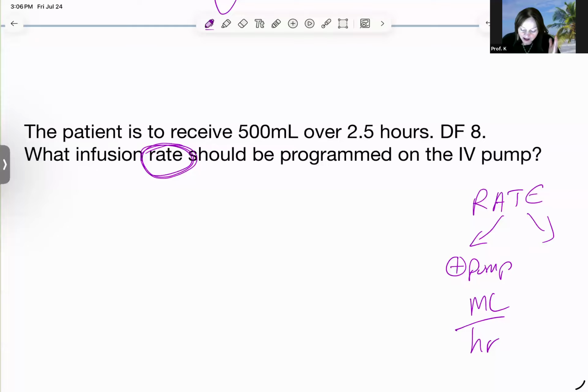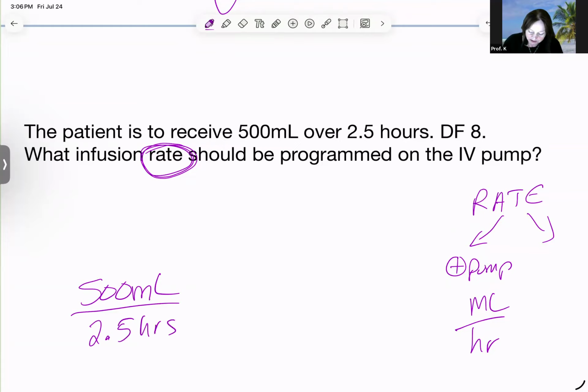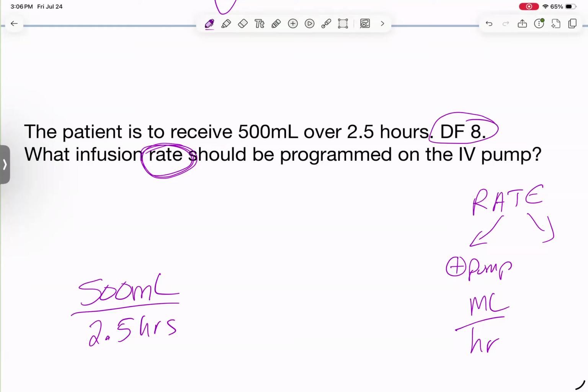The doctor said 500 milliliters over 2.5 hours. What is DF? Drop factor. Do I need it? No. I don't need it because I have a pump. Drop factor is only for gravity. Everybody's like, why do you put it in the question?